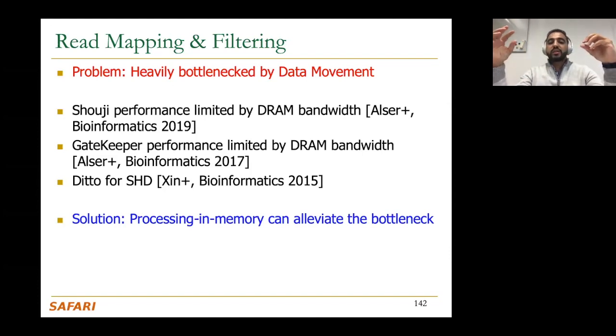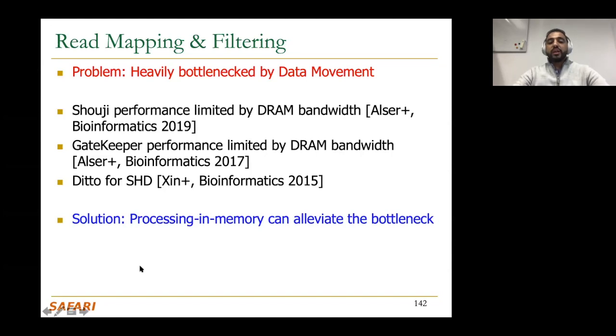So it might not be efficient to accelerate only pre-alignment filtering on FPGA, for example, because you still need to move data, which will waste energy through PCI Express and will waste time by transferring the data. Even if you overlap the computation with data transfer, you're still doing it in an inefficient way, actually.